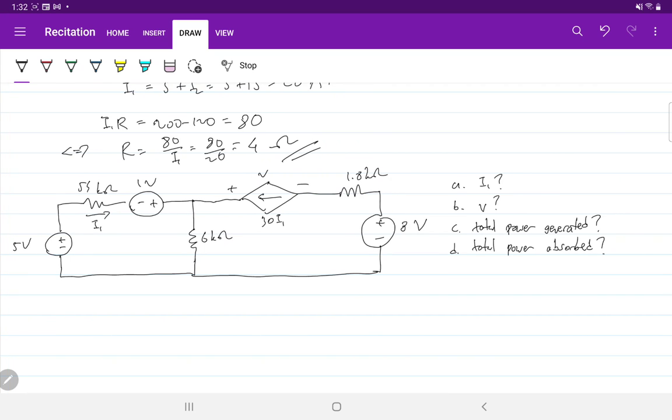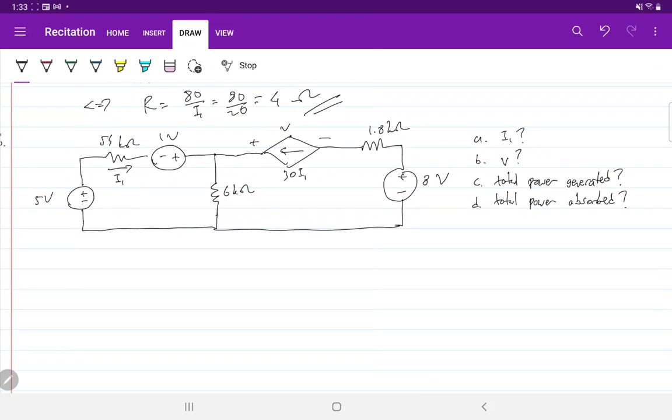So when computing the total generated power, you need to compute the power generated by each of these dependent and independent sources, and for the consumed power you need to compute the power on every single resistor.